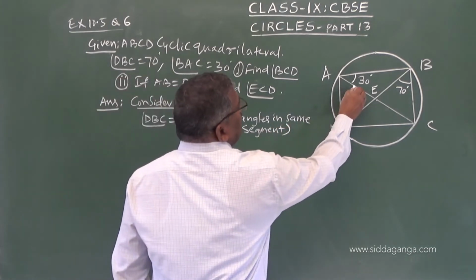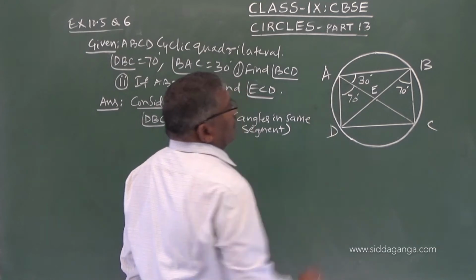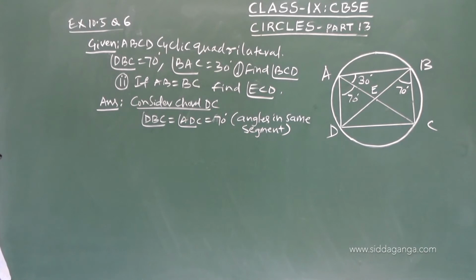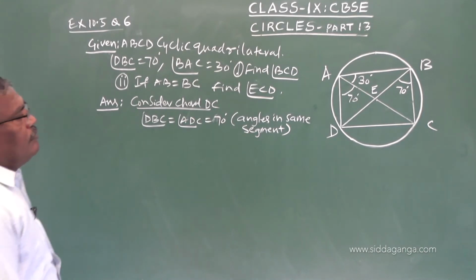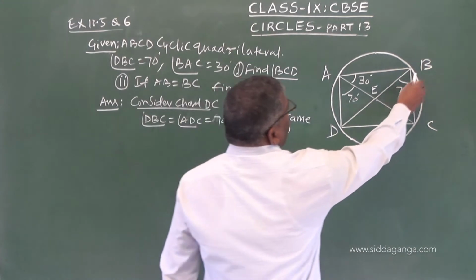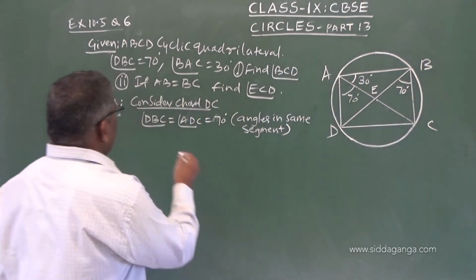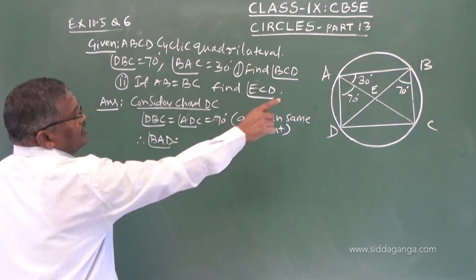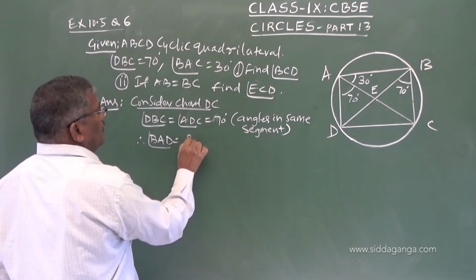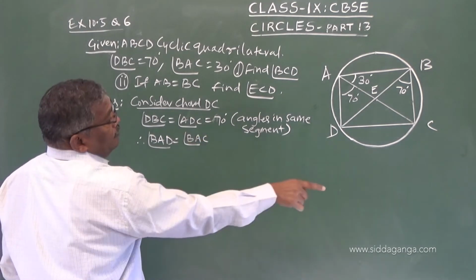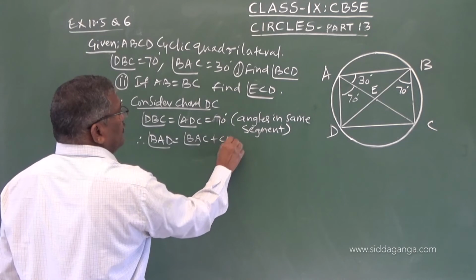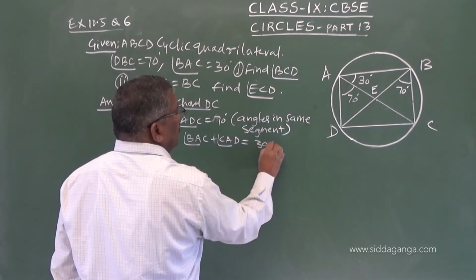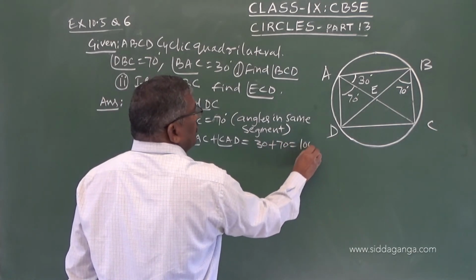So therefore this is 70 degree. Now you observe here angle BAD equals, you can see from figure, BAC plus CAD. So thus equals 30 plus 70 equals 100 degree.